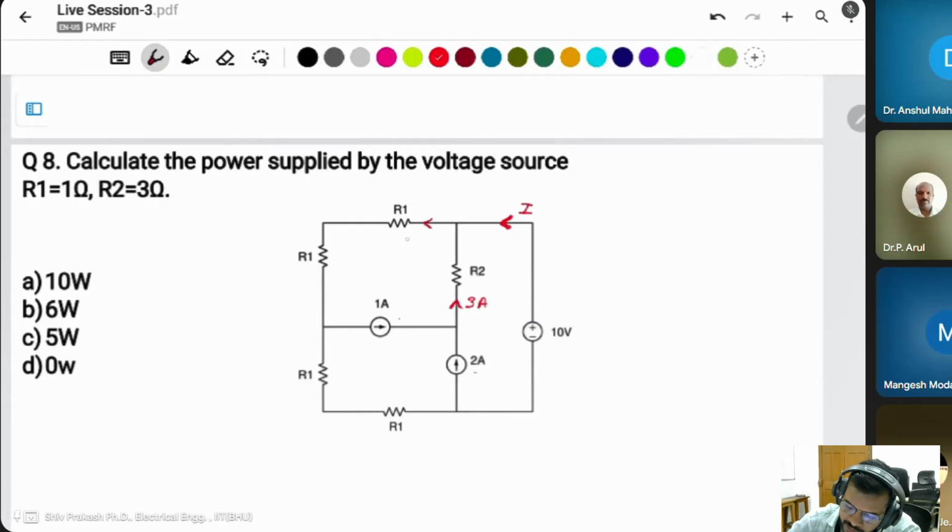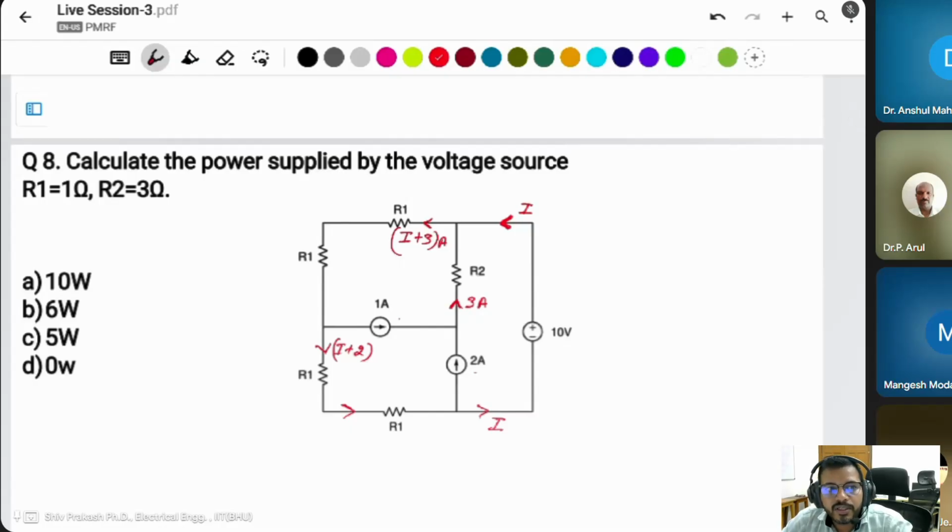What is this one? I plus 3 ampere. 1 ampere goes to this one, and this current is I plus 2 ampere. The same current flows through it, and after this 2 ampere goes here, that's why I is going to this one and I is coming from this one.